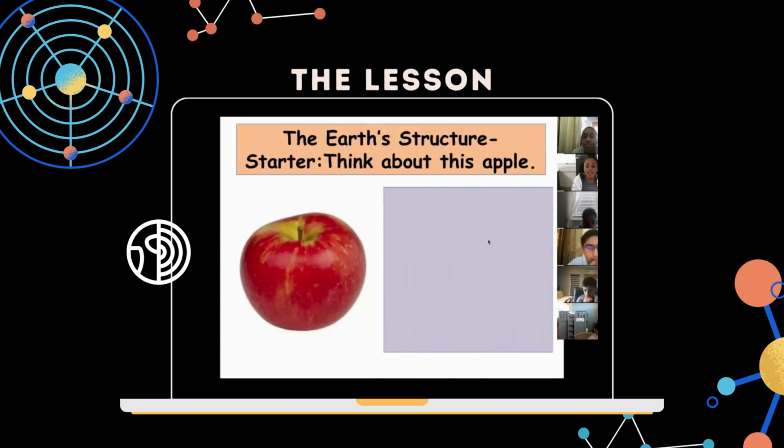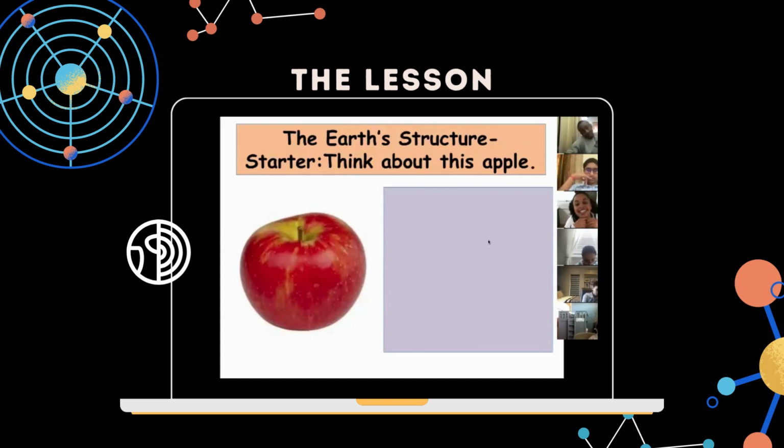But that's a lovely point. When you get past the first layer, the second layer, eventually you will reach the core of the apple. We can compare that to Earth because we also have a core in our planet. Don't have seeds in the center of the Earth, but yeah.